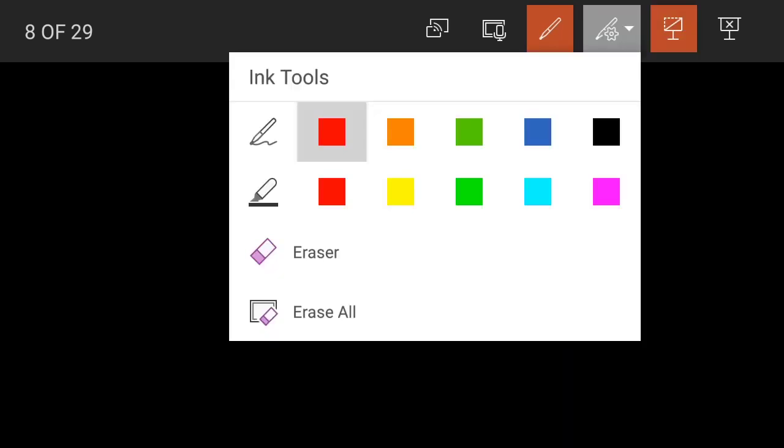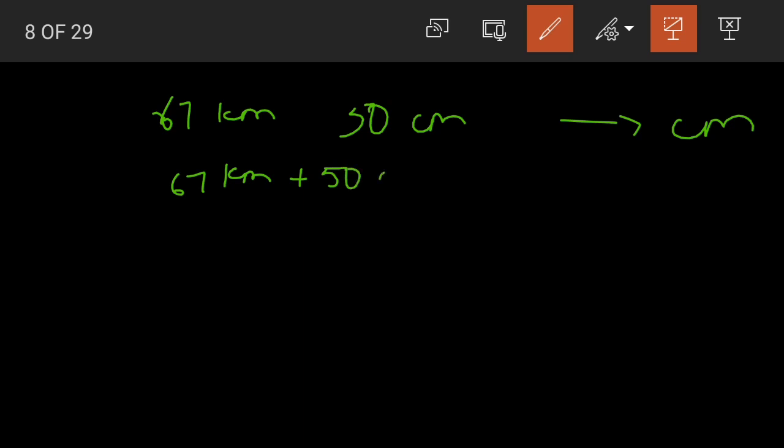Yes, 67 kilometers and 50 centimeters. We have to convert it into centimeters. This can be written as 67 kilometers plus 50 centimeters. Yes children, now this 50 centimeters is already in centimeters. So we need not convert it again into centimeters.